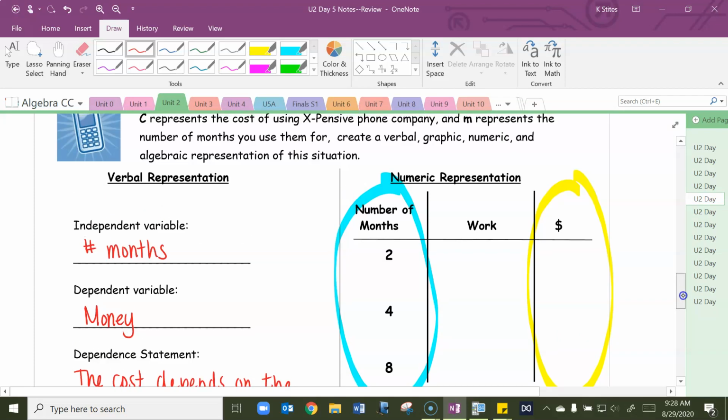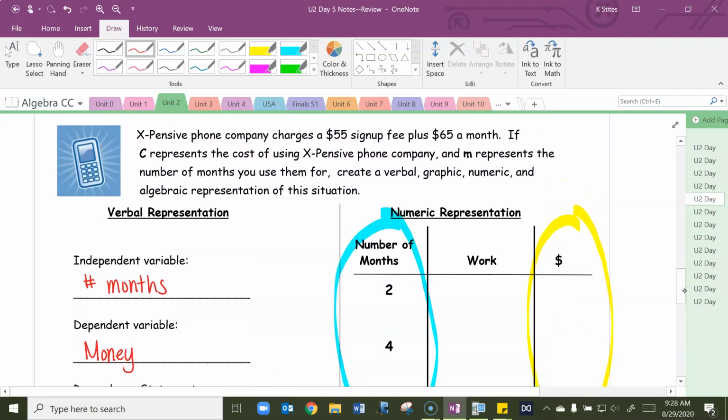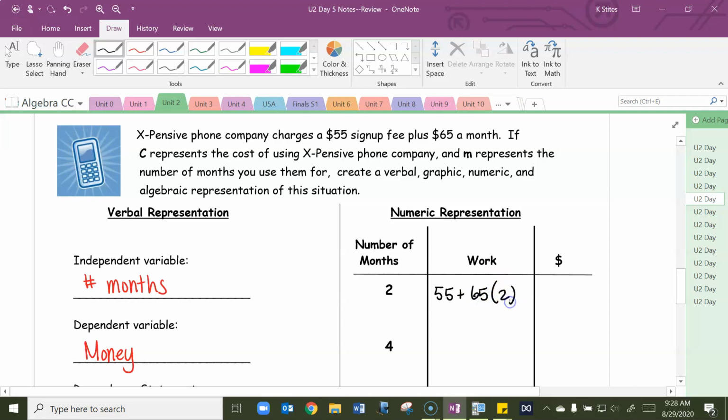All right, so now we'll fill in our table. It says it is a $55 sign-up fee plus $65 a month. So 65 times 2. Again, the 65 is the one multiplying by the 2 because it's $65 per month. All right, and just for time, I'm going to tell you what that is.